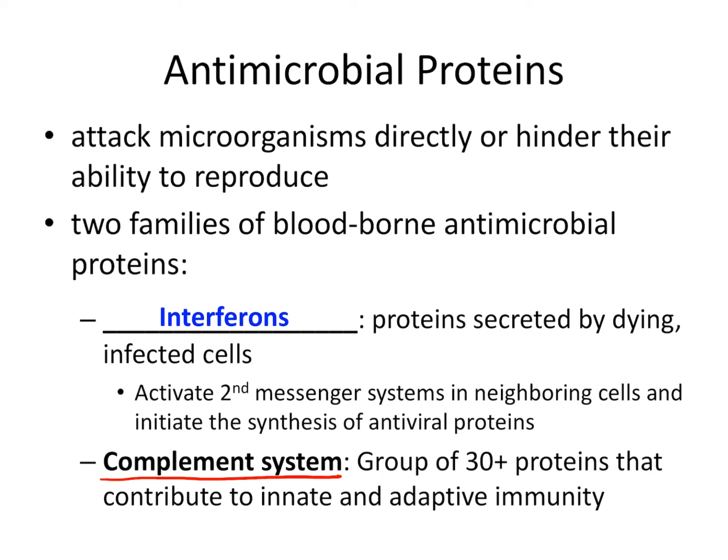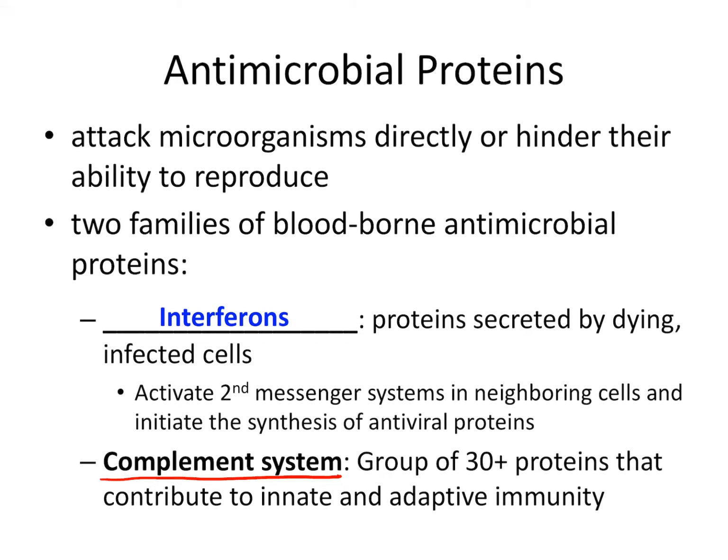You can think of these almost as kind of the dying words of an infected cell. So the interferon that's released by an infected cell is not going to do anything to help the cell that released it, but it can help the neighbor cells and prevent those from either being infected or synthesizing new viral proteins, even if they have already been infected by the virus.